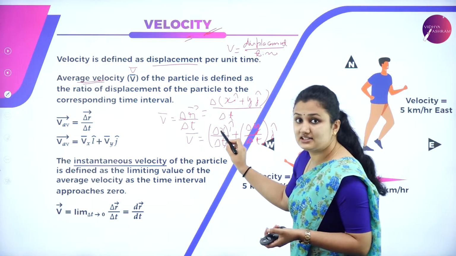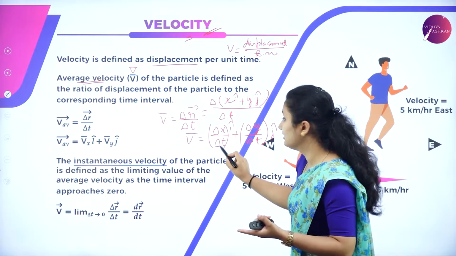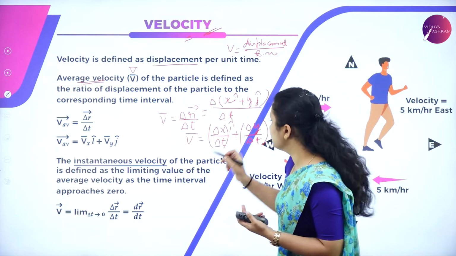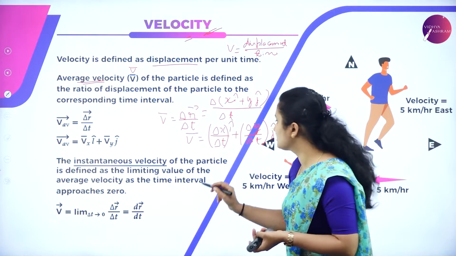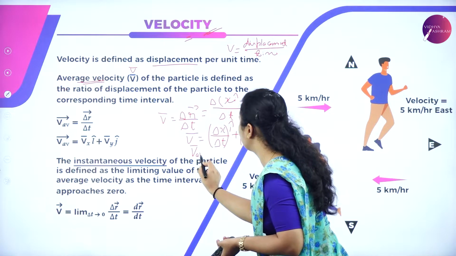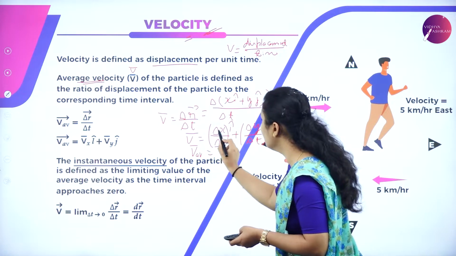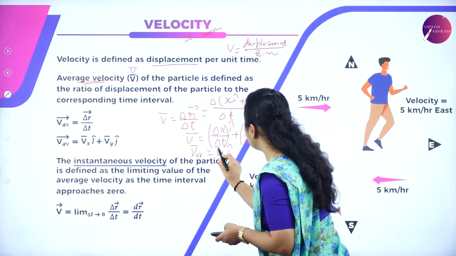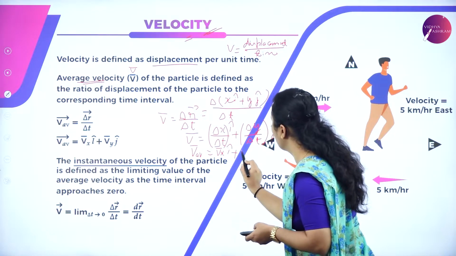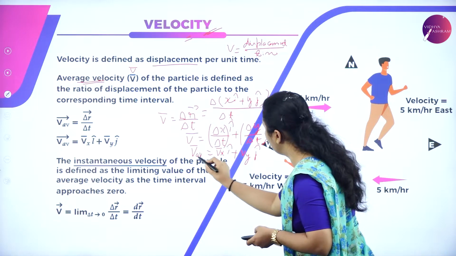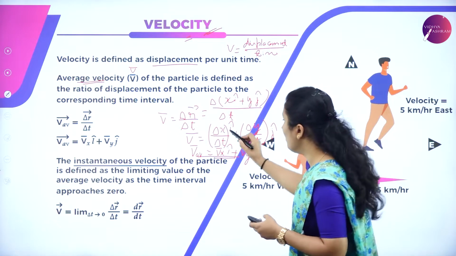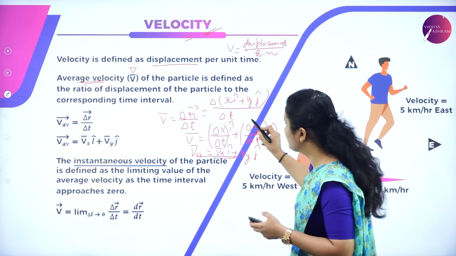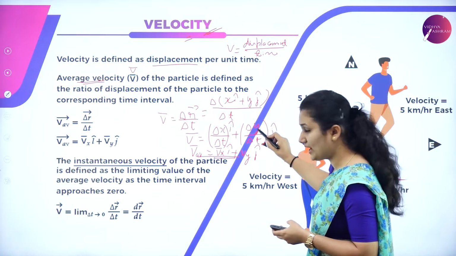So what is delta X by delta T? Change in position by change in time. Change in position is displacement. Displacement by time is velocity. So average velocity, we can write V_AV, is equal to Vx i cap plus Vy j cap. Delta x is the change in the position of the object with respect to the x-axis, and delta y the change in position with respect to the y-axis.